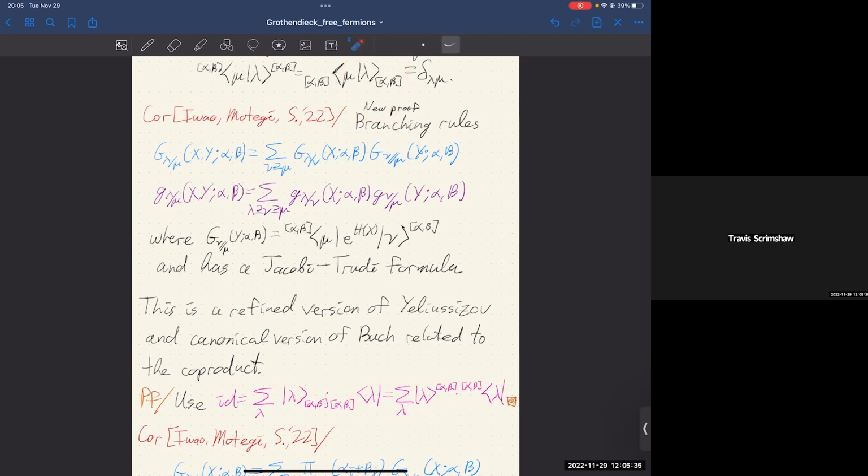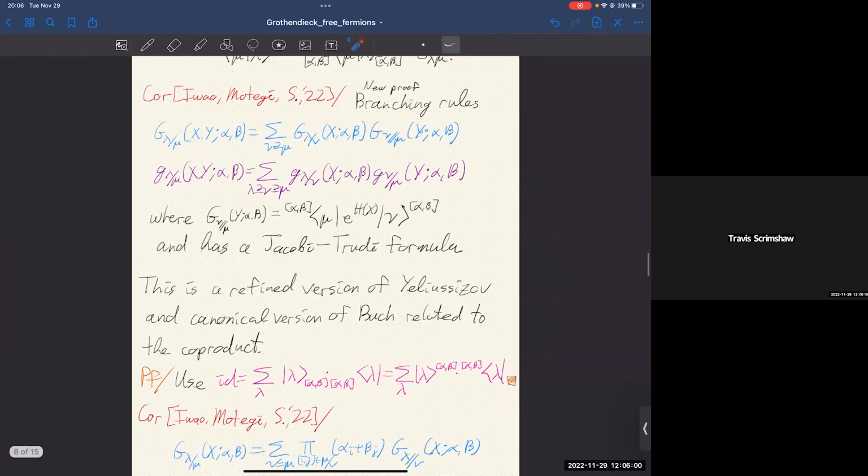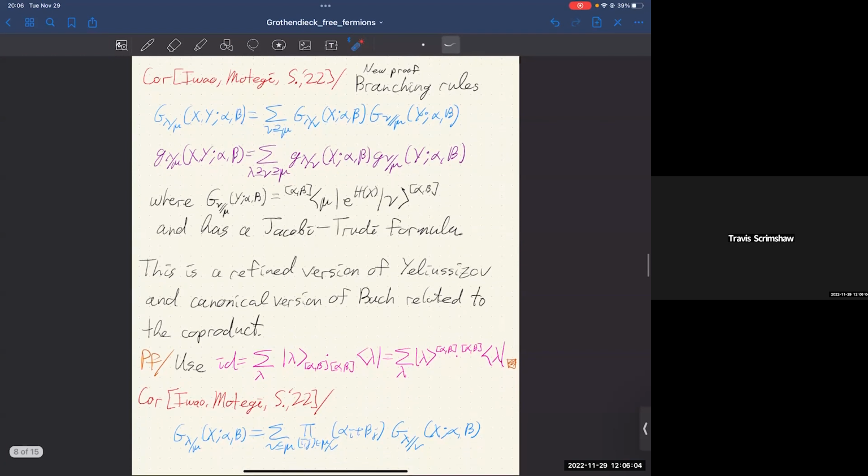And so we get these additional functions that, as far as I know, didn't appear in Hwang at all. And so we're able to get a Jacobi-Trudi formula, as well as dual Jacobi-Trudi formulas, but I'm not going to write those out here.